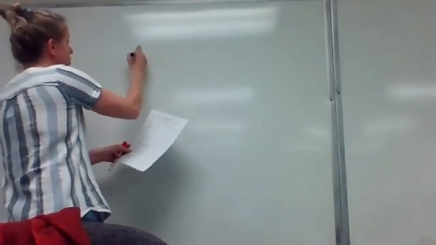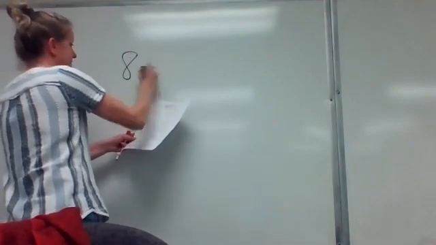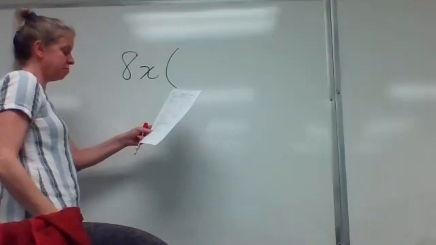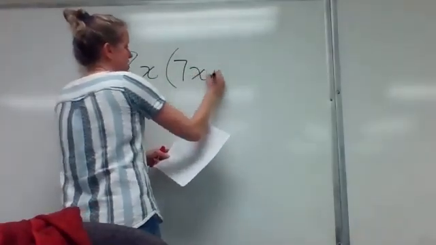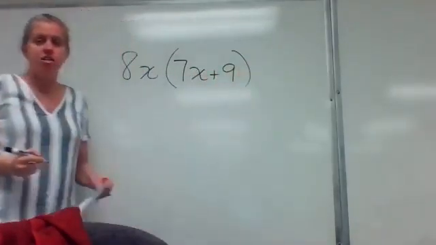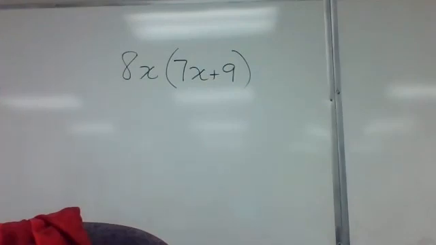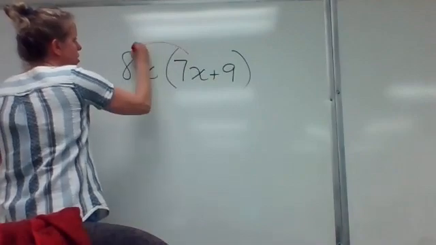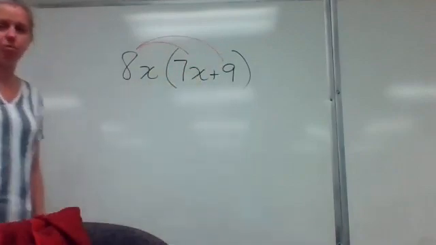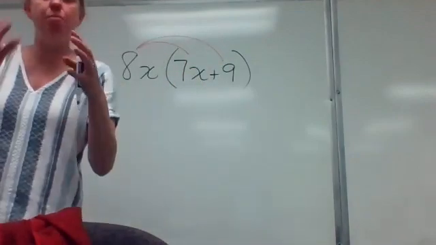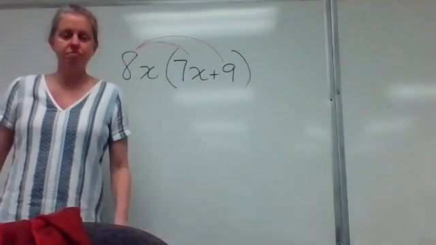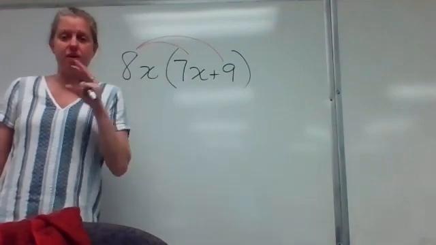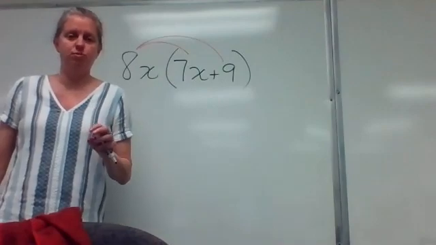All right, number 5 looks a little different. You have 8x times, then in parentheses, you have 7x plus 9. So just like always, the way that you remove parentheses is you distribute what is bumping up against the parentheses through it by multiplying. Okay? The only thing different now is I'm going to have to remember that exponent rule.